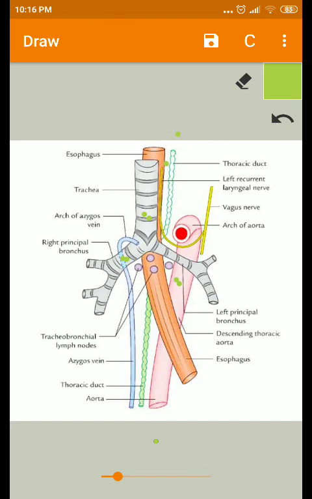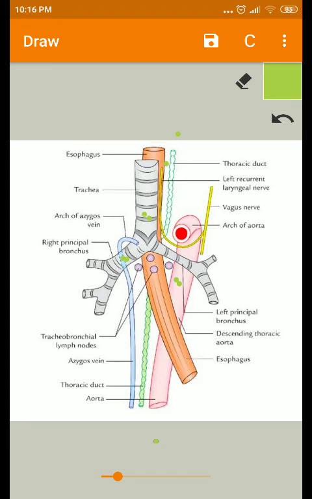Some growth or accumulation of fluids causes compression over all these structures, causing such symptoms. Dyspnea means difficulty in breathing, dysphagia means difficulty in swallowing.